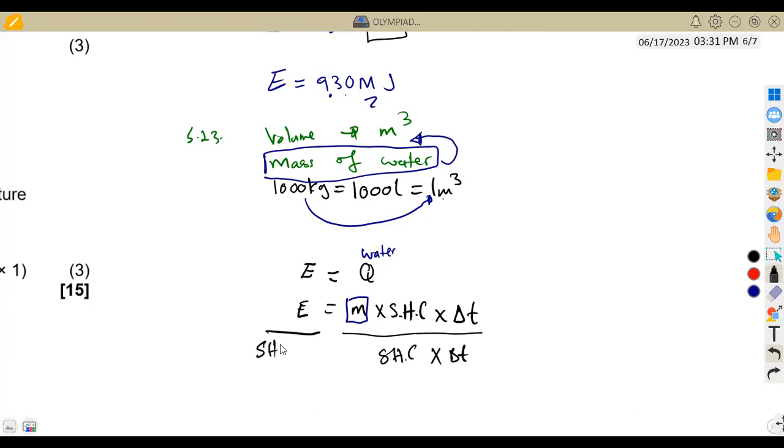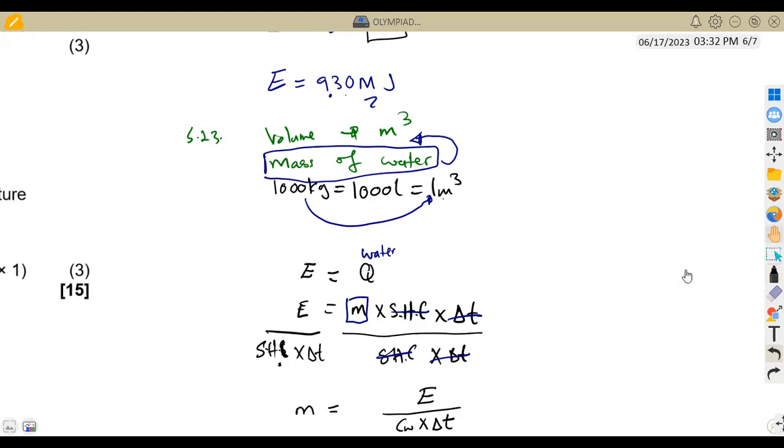We are going to remain with the mass, meaning the mass is equal to the energy over the specific heat capacity of water times the change in temperature.